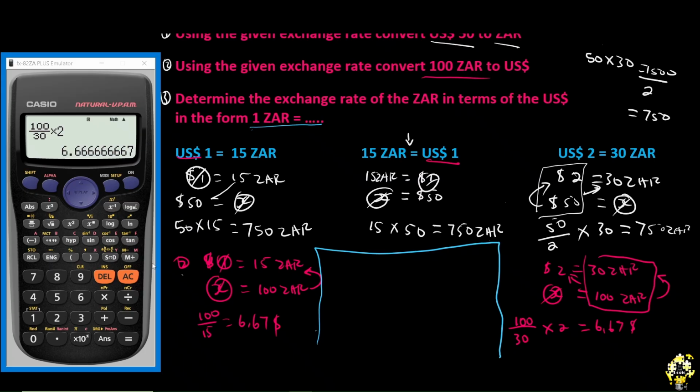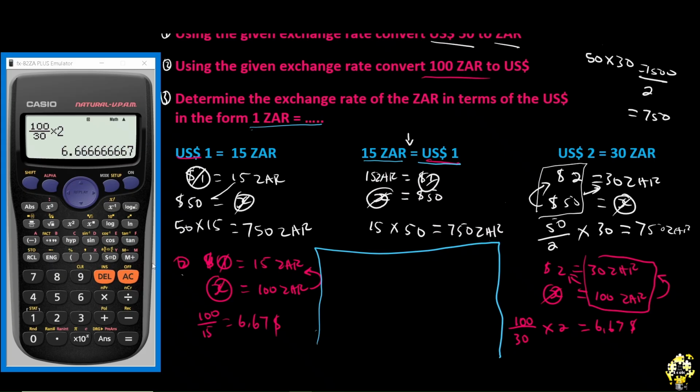What they are asking you to do is this: you have this exchange rate here, saying that 15 South African rands is equal to 1 US dollar. They don't want it like that. They want 1 South African rand is equal to something US dollars. How do we do that?